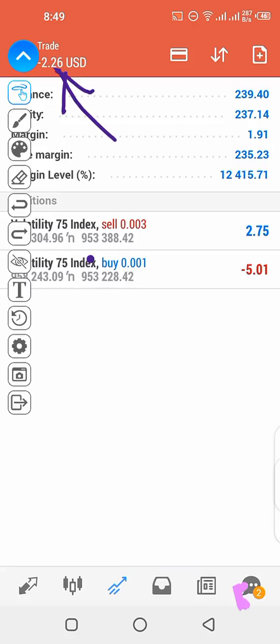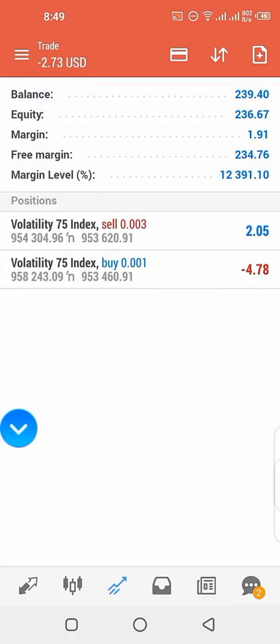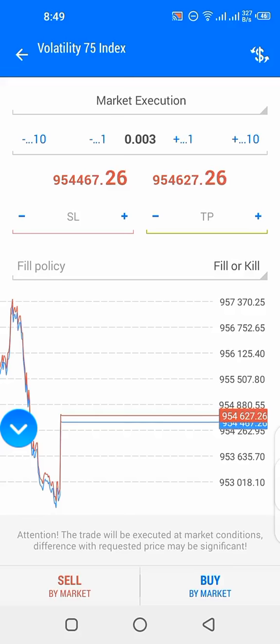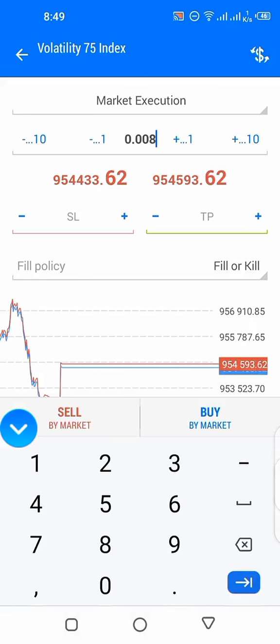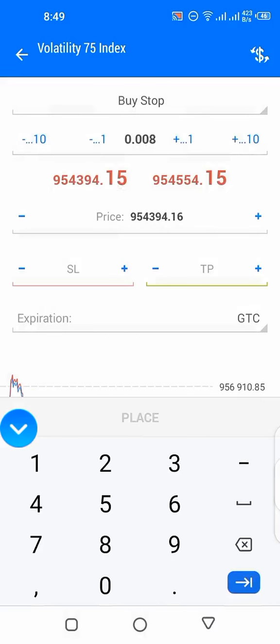But as price goes away from my take profit, my drawdown is expected to increase. So the more the range in price, the more pending orders I'll set.